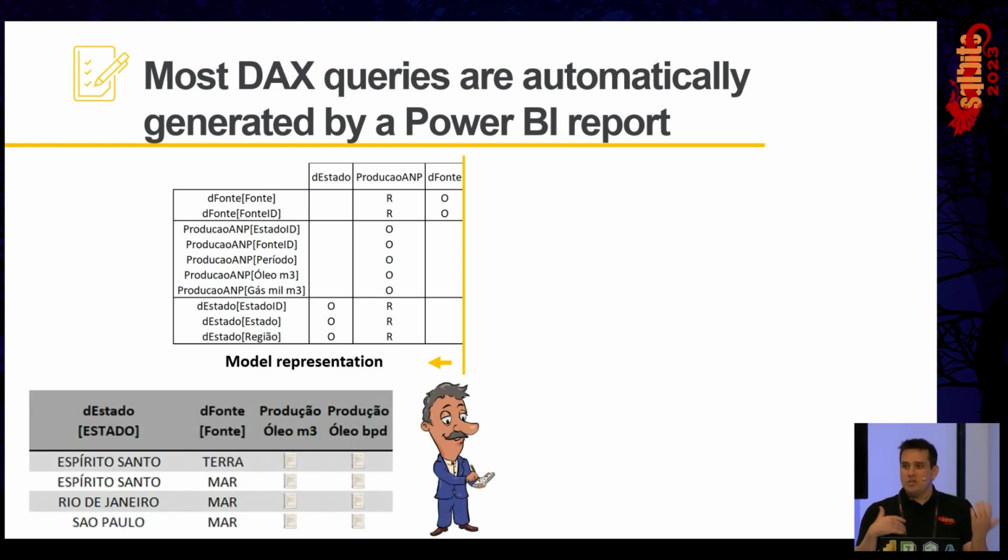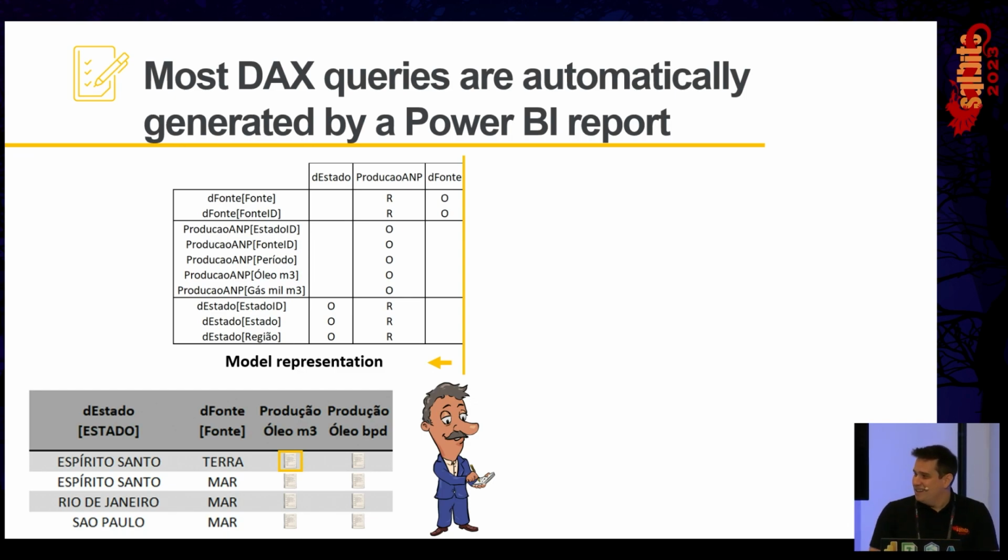So most DAX queries originate in a report. The engine that runs the report will see all the filters and make a DAX query to return the results, to then be rendered into your beautiful visualization. But each number will be like a waiter.